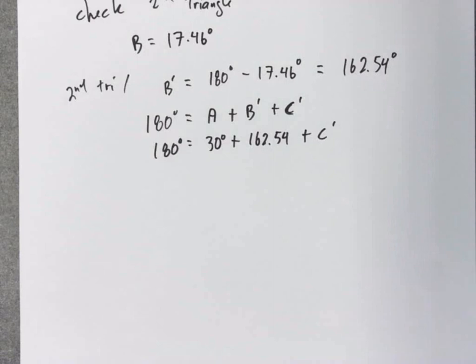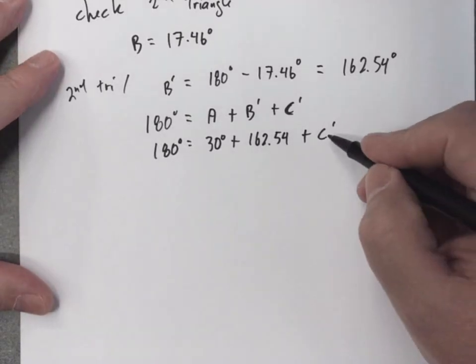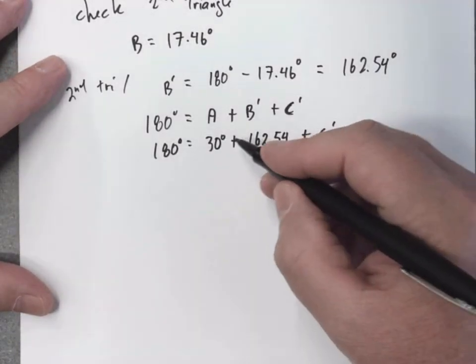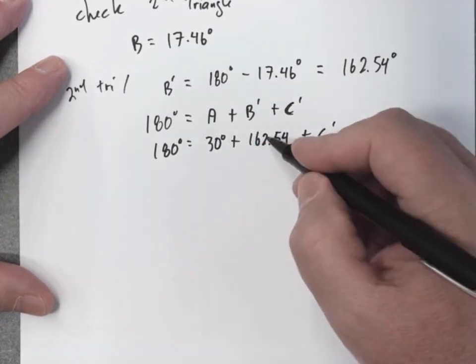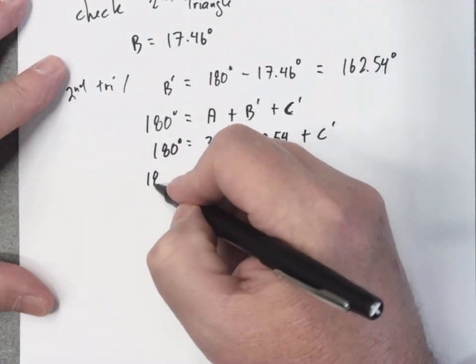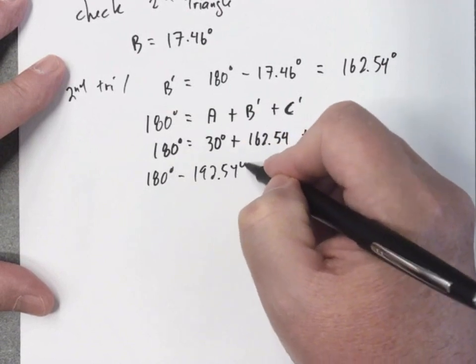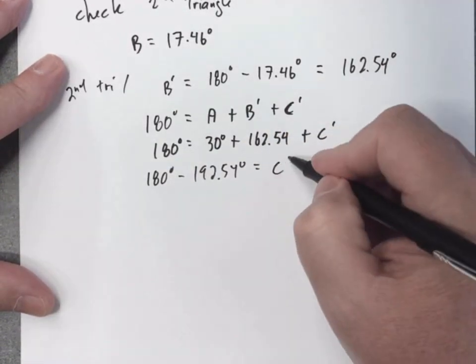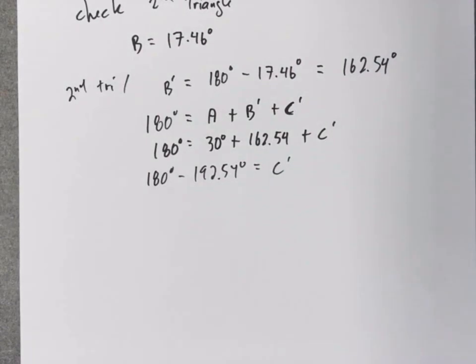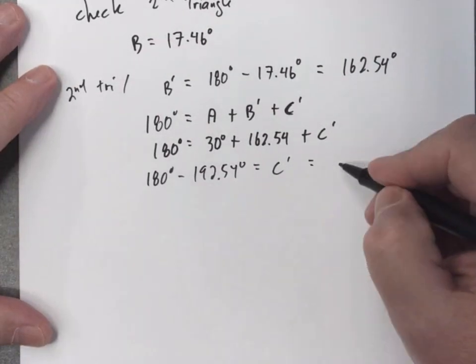And now I have a way to see what angle C would be for the second triangle. So 30 plus this is 192.54. So that's what the new angle C is going to be.